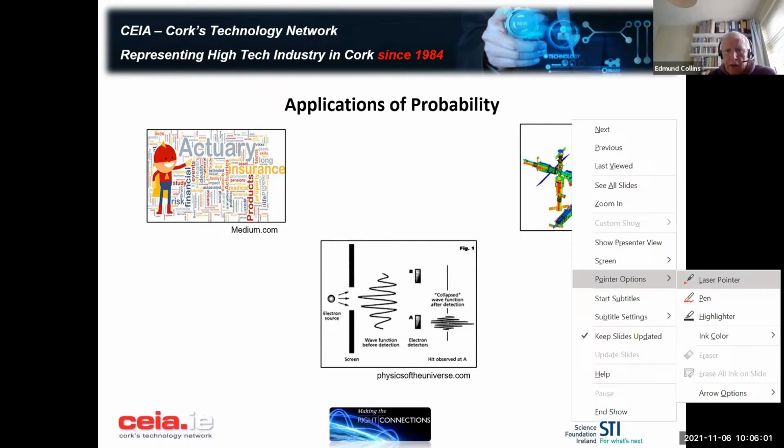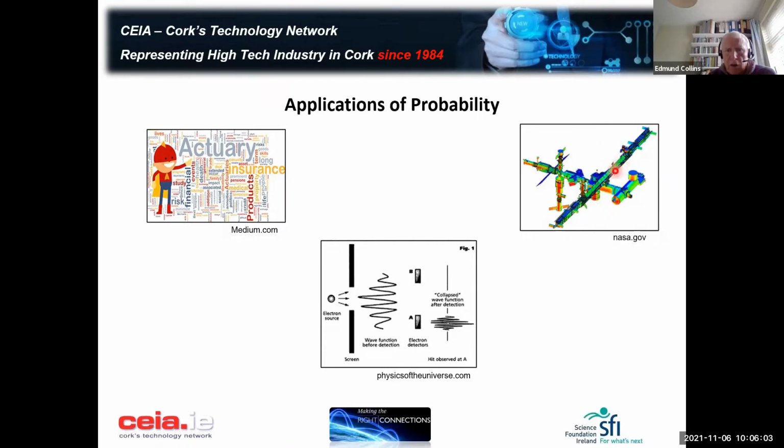the photo here on the top right hand side, some of you may recognize that's the International Space Station, and it's a screenshot of some assessment that was done in relation to the International Space Station being hit by space debris.